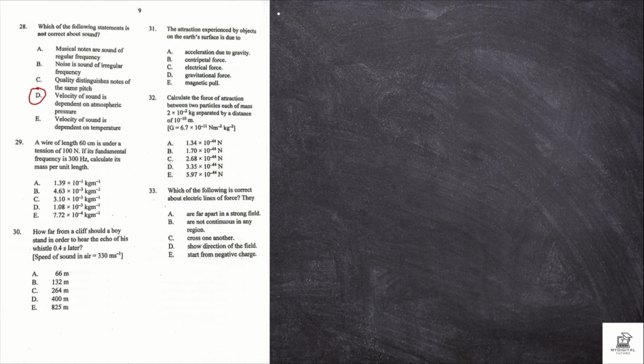Here we have this relationship that the frequency is inversely proportional to the length, and is also directly proportional to the square root of tension of the wire, and the same frequency is inversely proportional to the square root of the mass per unit length.